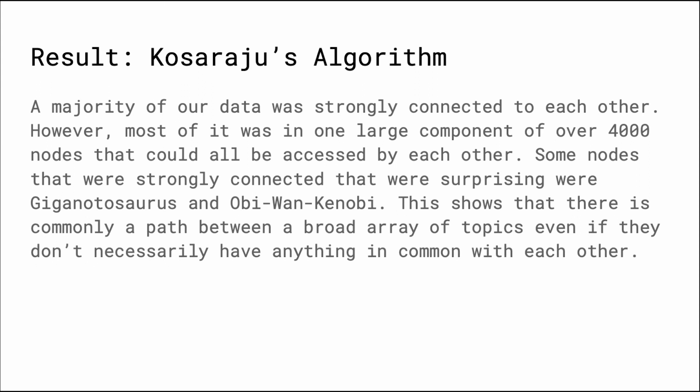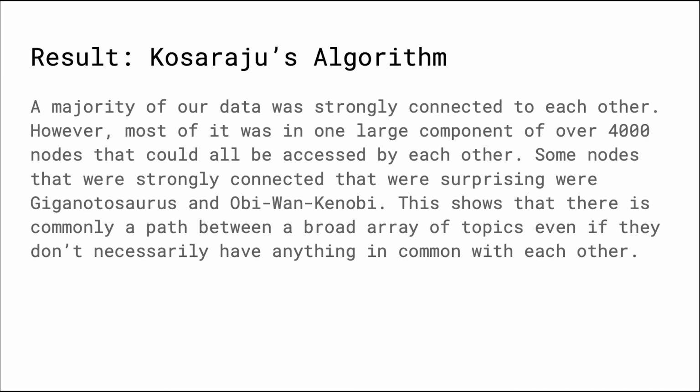The component that had almost 4,000 nodes had thousands of topics and different articles that all related to each other, and that just shows how deeply connected it is, and that it's possible to reach a majority of nodes from any given node within that component. However, even though it doesn't really provide us a real strategy we can use to help us win the game, it's possible to see a path between any two articles, even if they're pretty unrelated when just looking at them normally.